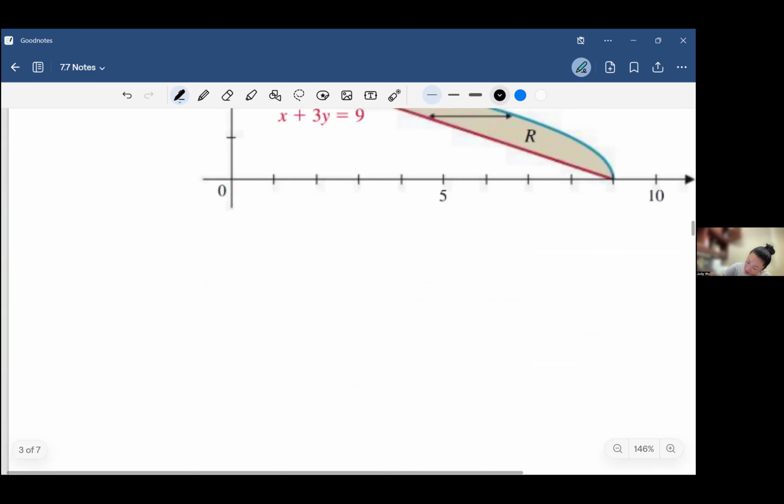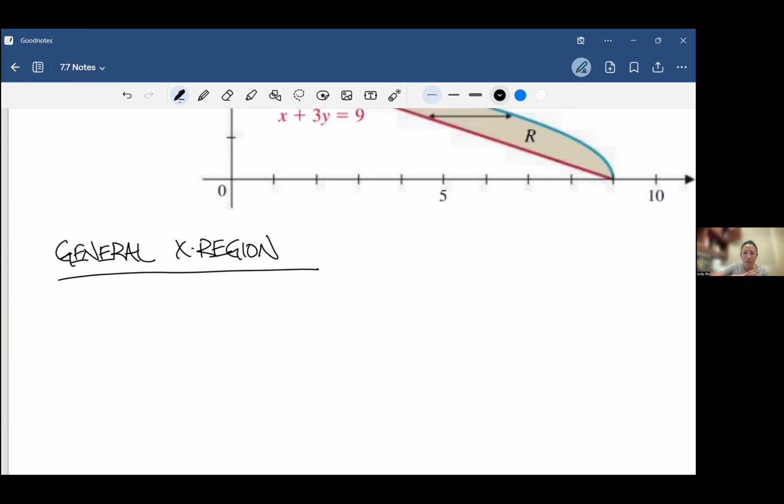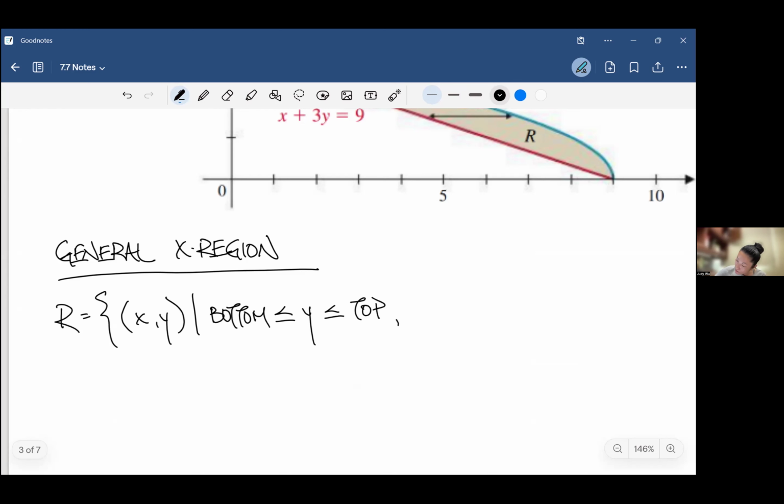So I'm gonna set up here for my general X region. All right, and I'm just gonna write out the general form here since the other one is on the other page. R equals squiggly, parentheses, x comma y, such that we need a bottom function, y, and then a top, and then we need an a less than or equal to x less than or equal to b.